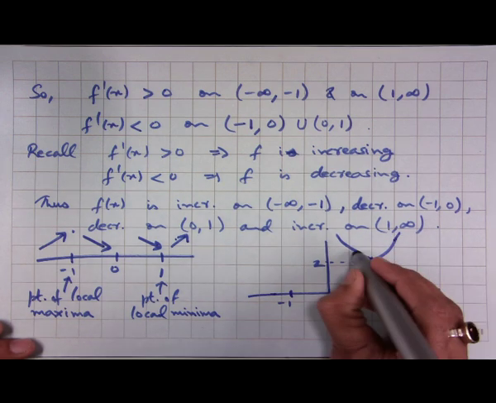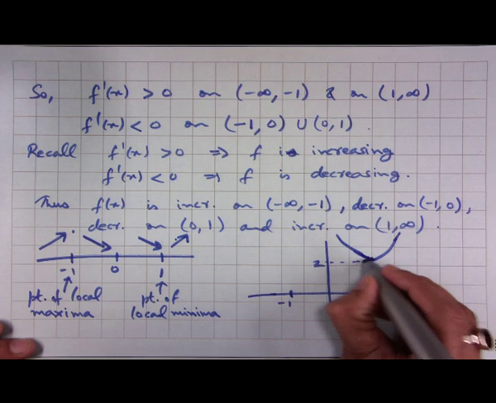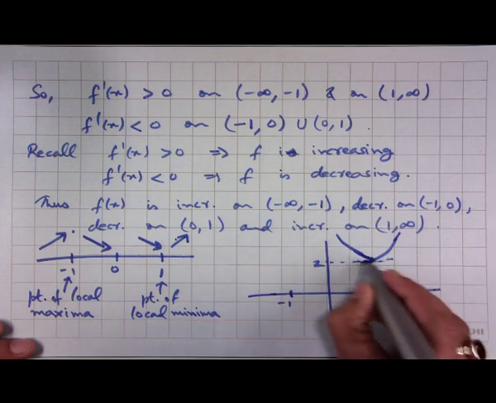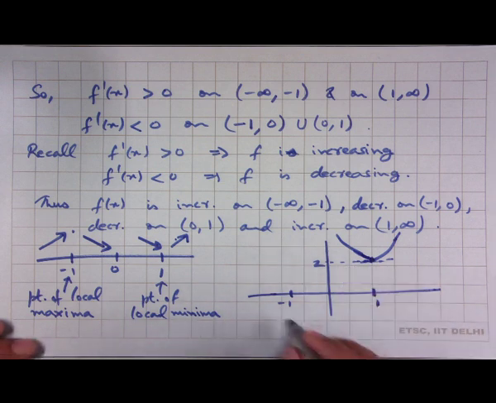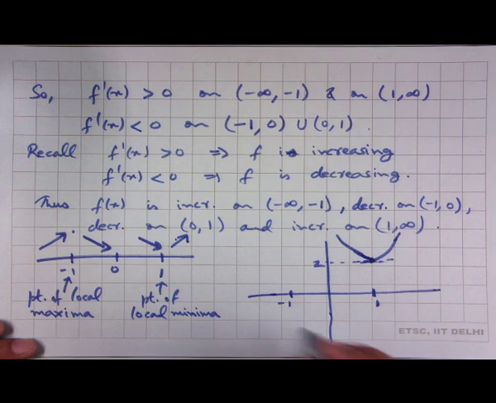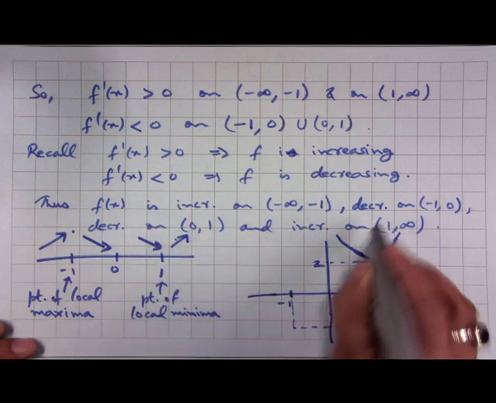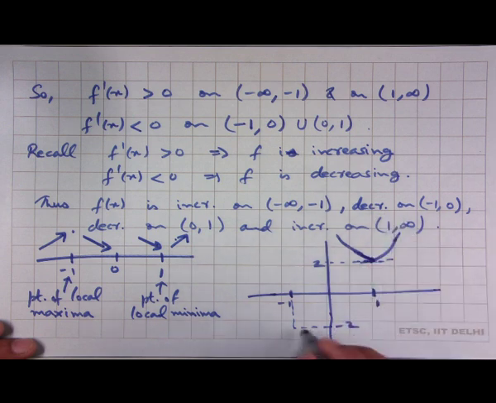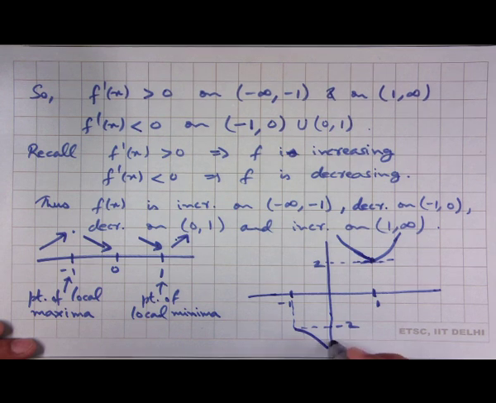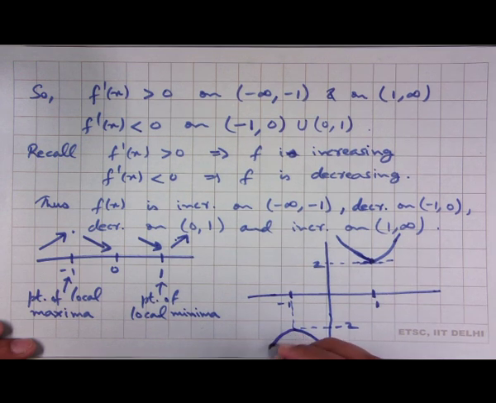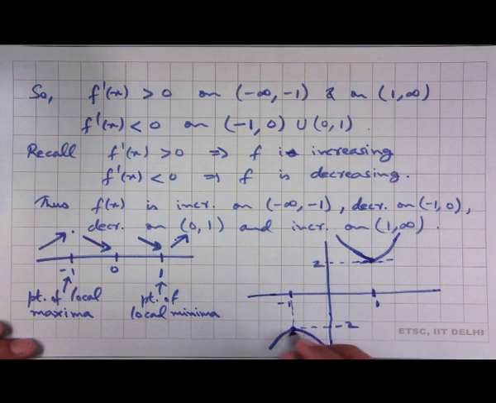So, the graph of the function will look like this, and at x equal to 1 the derivative is 0, and similarly on the negative side at x equal to minus 1 the value of the function is minus 2, and then it goes to negative infinity as x goes to 0 from the left side, and it also goes to negative infinity here, and we have a local maximum at this point minus 1, right. So, this is how the graph of the function will look like.